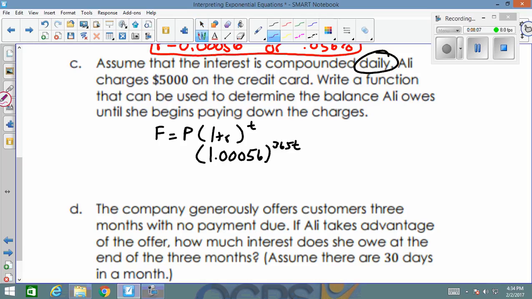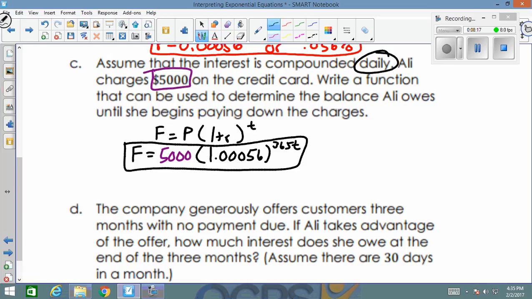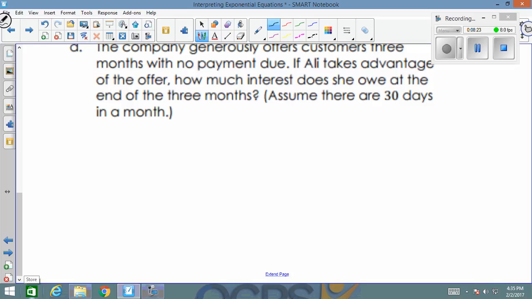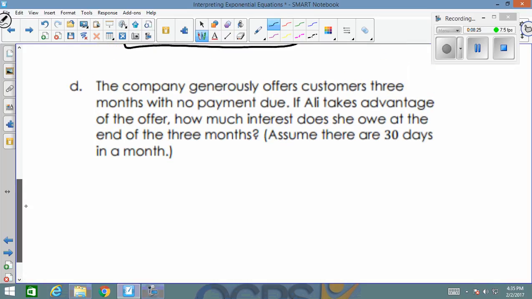And we know that we are starting with an initial of 5,000, so that's going to be my P. So our function is F equals 5,000 times 1.00056 to the 365t. Okay. So let's start with the function that we just had.